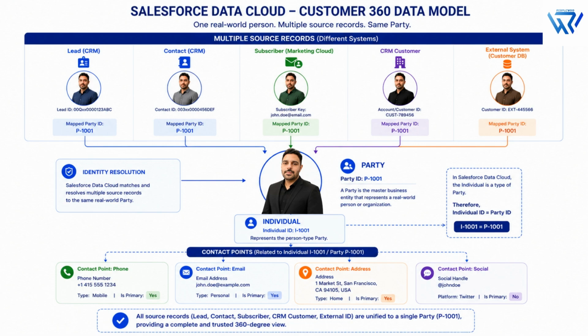To establish this relationship, source profile objects are mapped to the Party data model object, where Party ID acts as the primary key linking all matched records to the unified customer.